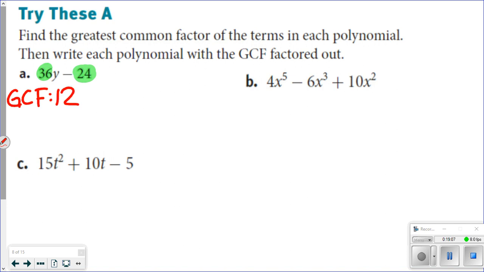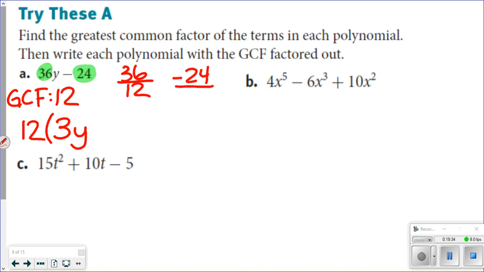And now we actually need to factor that out or pull that out. Okay, so let's think about it this way. 36 divided by 12. You can do that in your head or type it into your calculator. And we get what? 3. So we're going to put a 3 here. And then keep the y, because I'm not doing anything with it. It's staying right where it's at. And then we need to do negative 24 divided by 12.